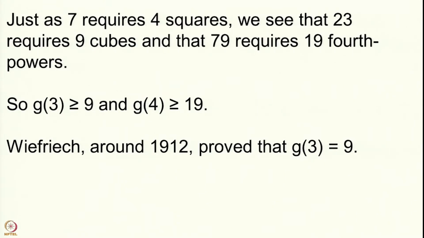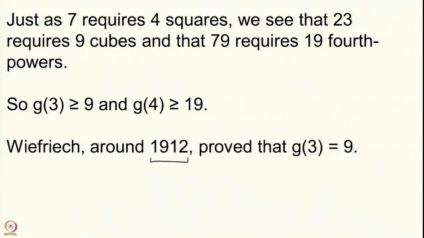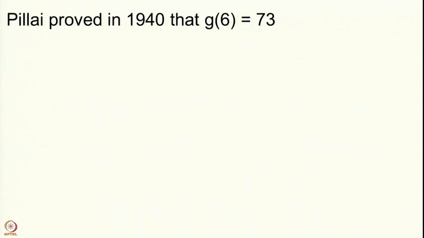So, around 1912, I told you that Hilbert proved the existence of Gk in 1909. From 1909 to 1912, in a series of papers, Wieferich proved that G3 is 9. Then S. Pillai, this is an Indian mathematician once again, contemporary to Ramanujan, he proved that G6 is 73.